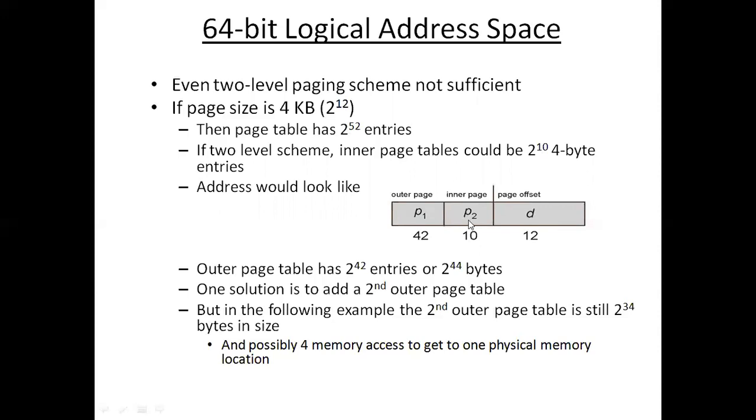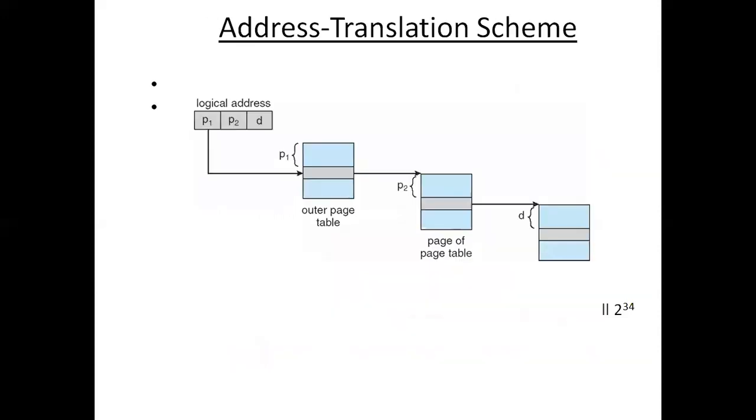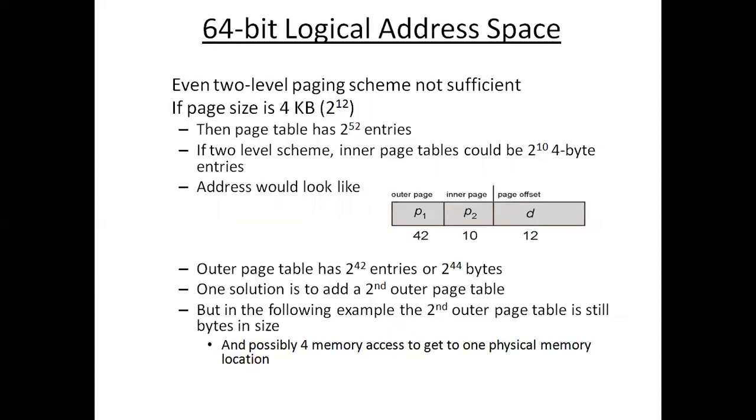So what will be the logical page number portion, which is nothing but 52 bits. I break this 52 down applying the two-level page table scheme. In that case, if I consider the outer page to have 42 bits and the inner page to have 10 bits, you will see 2 to the power of 44 is quite big. It could lead to terabytes in size for the page table, which is very, very huge.